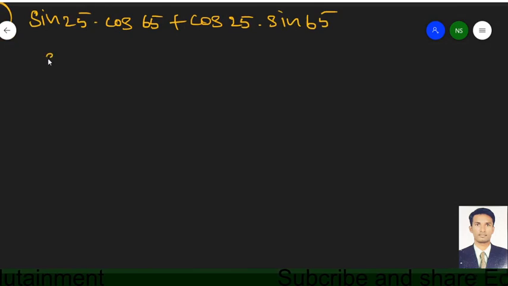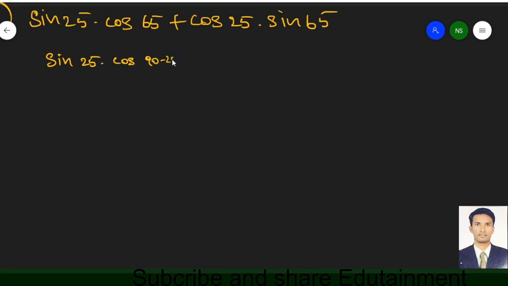Yes, this we can write as sine 25 into cos 65, which is nothing but cos 90 minus 25, plus this cos 25 we write as it is.